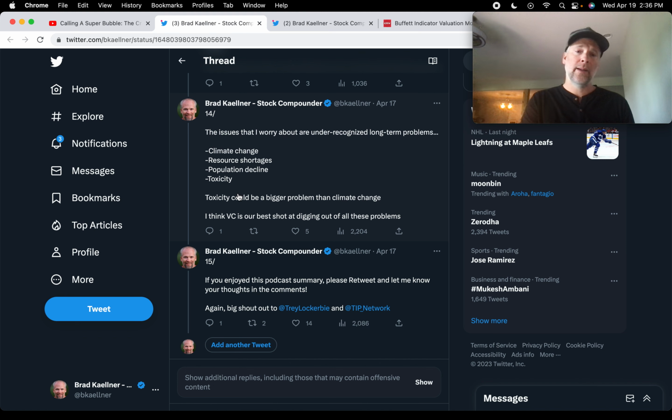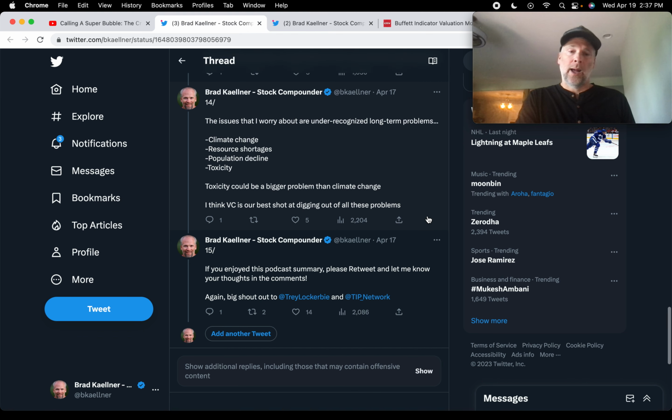And that's becoming a problem, that we've dumped so much toxic stuff in the environment. He says, I think venture capital is our best shot at digging out of all of these problems. So again, this is where he's heavily focused in terms of investment.